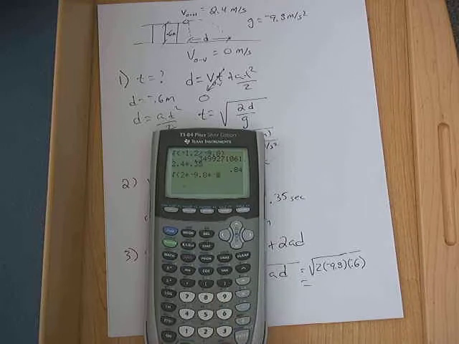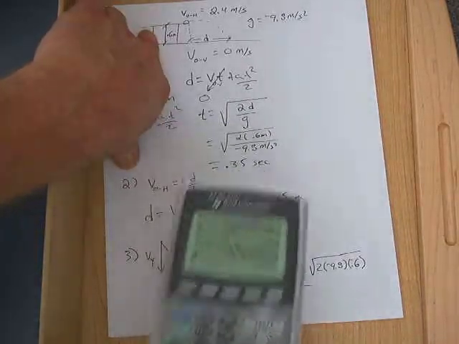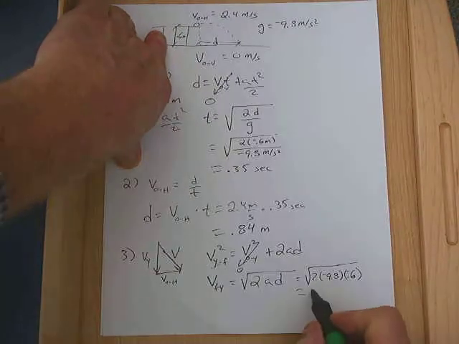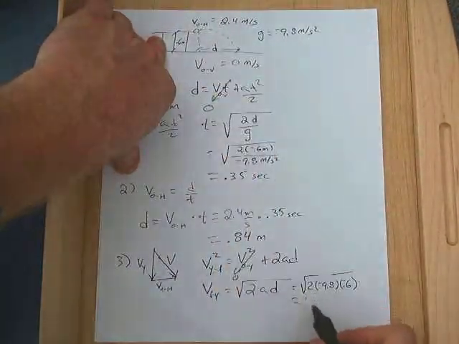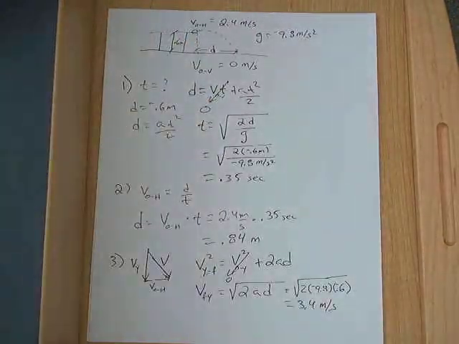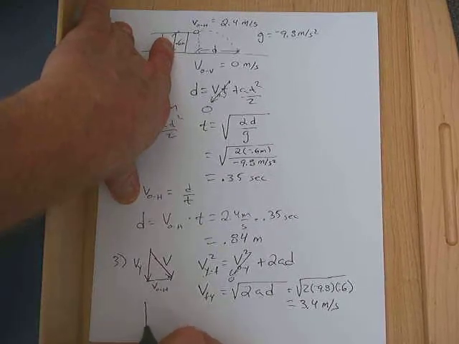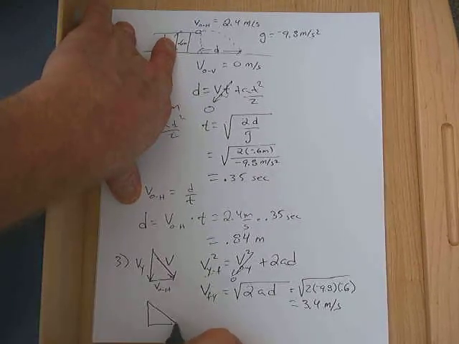That's 3.43, actually we'll just go to 1 decimal point, 3.4 meters per second in the vertical direction.